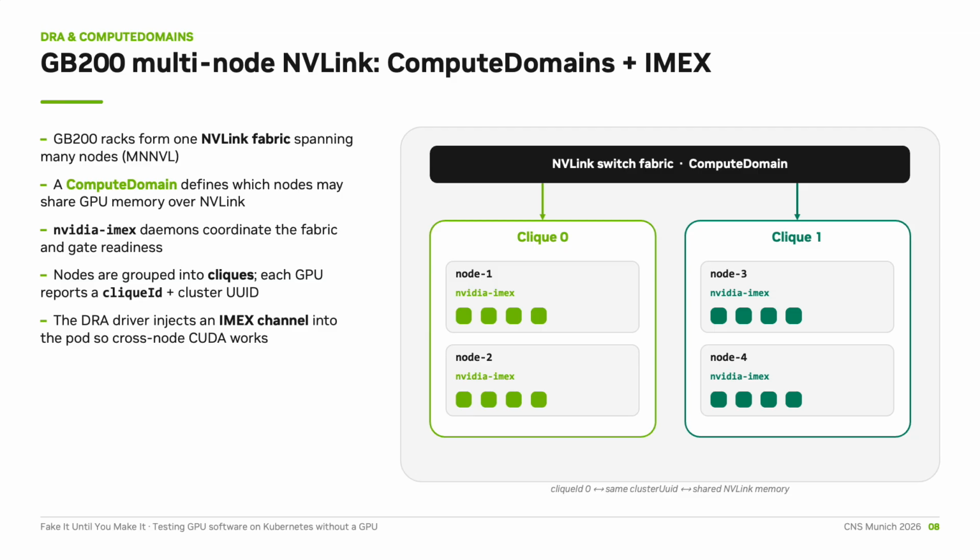But what we are doing with the compute domain is, with this API internally, the NVIDIA DRA driver will create a virtual small clique, and then your pod is only going to see this subset of nodes, and then your running application will see all the GPUs in those subsets of nodes, and it will be able to share memory across the GPUs that are in that subset, right? So that is the good thing about a compute domain, is that it allows you to do kind of like gang scheduling in the same rack of a GB200.